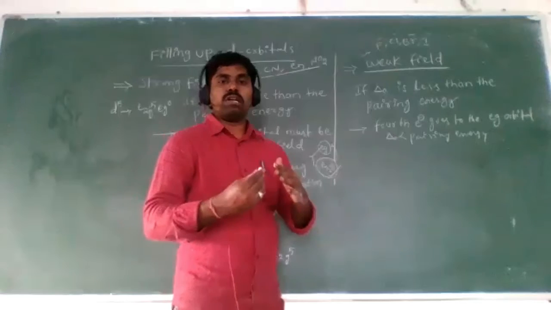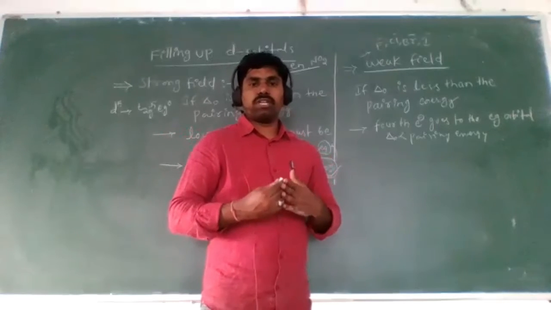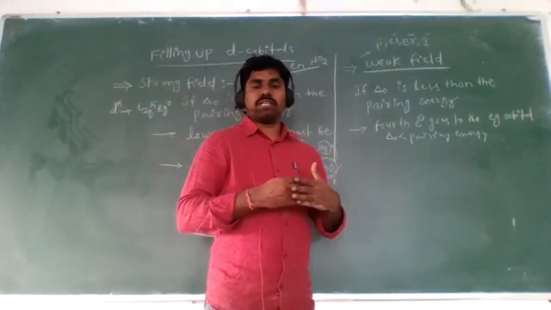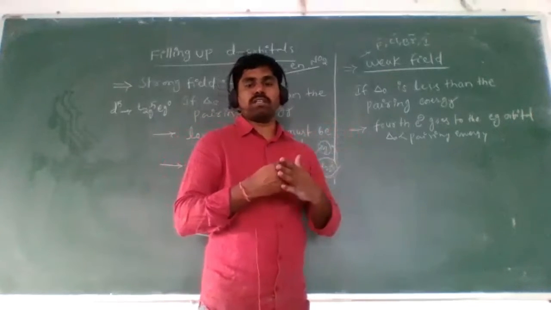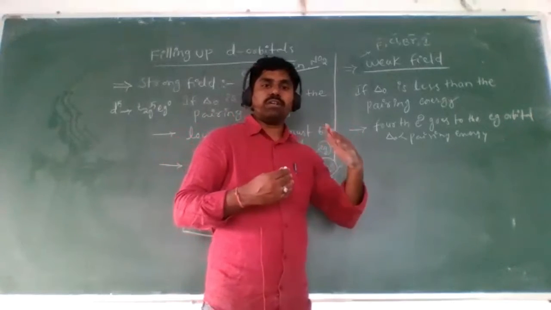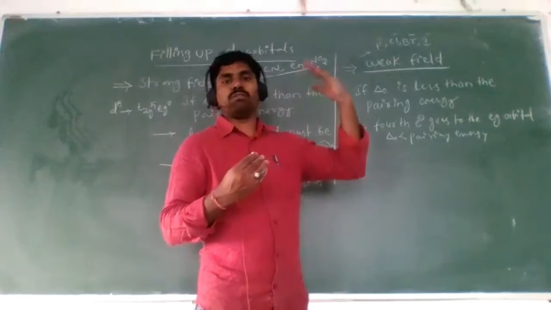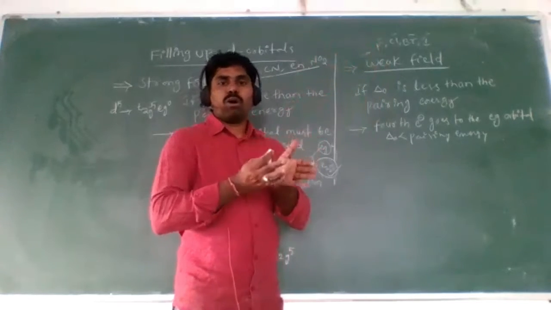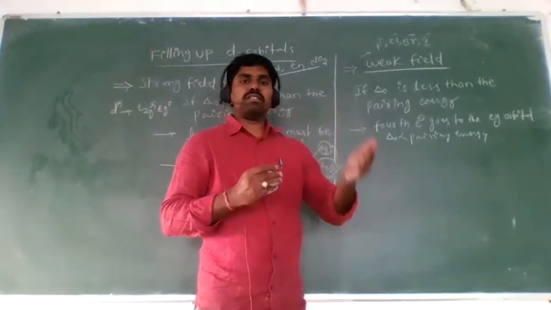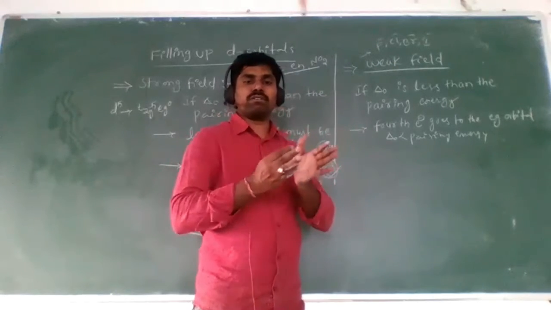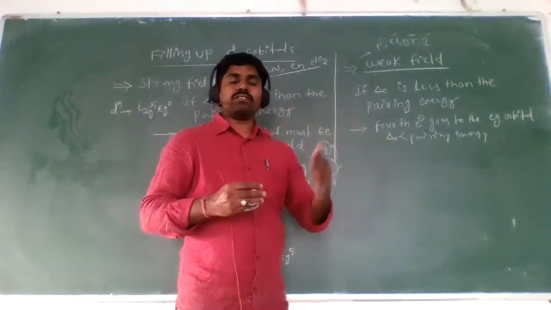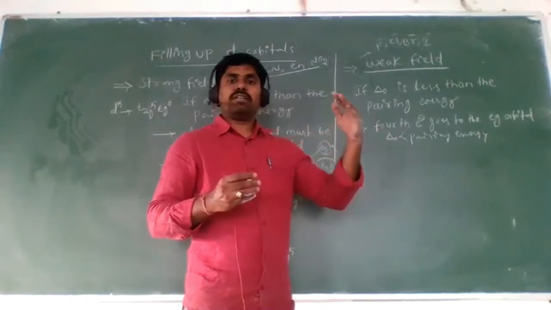Before, with 5 electrons, all of them entered the T2g orbital. But here, in the T2g there are 3 electrons, and the remaining 2 electrons go to the Eg orbital. So first of all, the electrons fill the T2g and Eg singly, and then the remaining electrons pair up in the T2g and Eg orbitals.